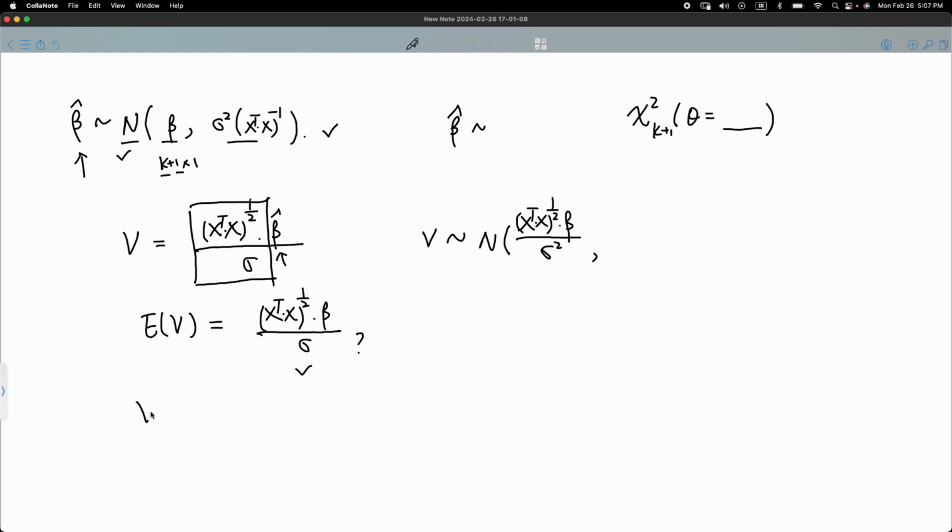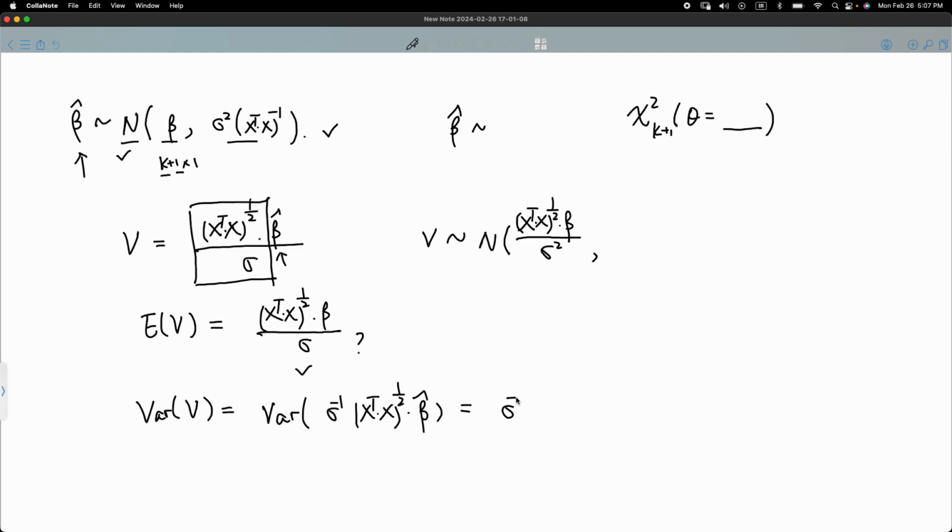And next, what is the variance of V here? One way is, again, to plug in the terms that we defined. This is x transpose x to the 1/2 and then beta hat.